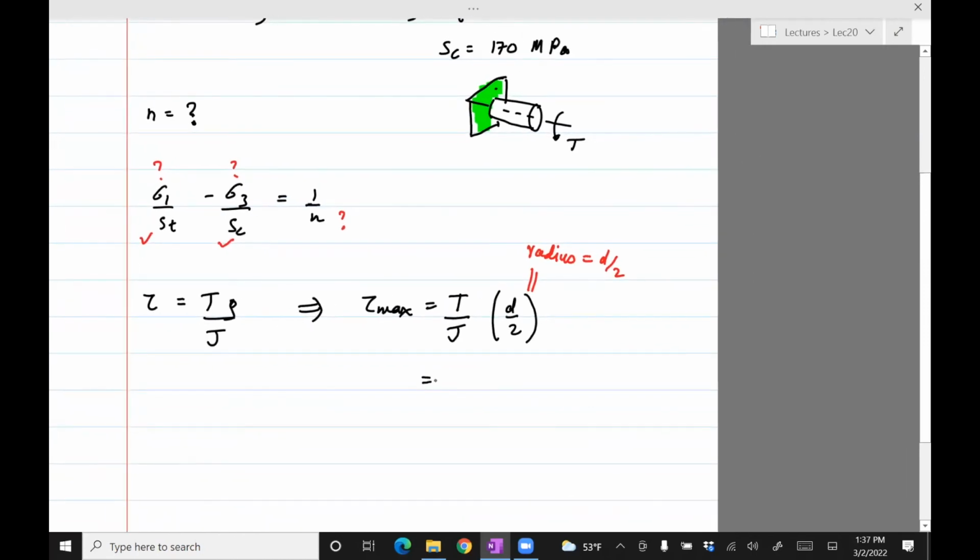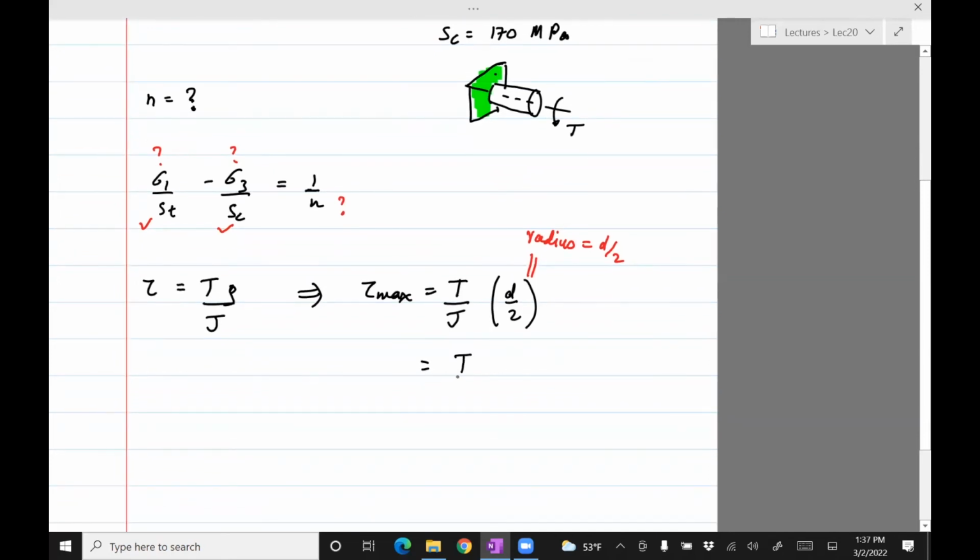Okay, so let's compute this. Let me just put it in terms of variables first. I believe in Appendix A15 you have formulas for polar moment of inertia.